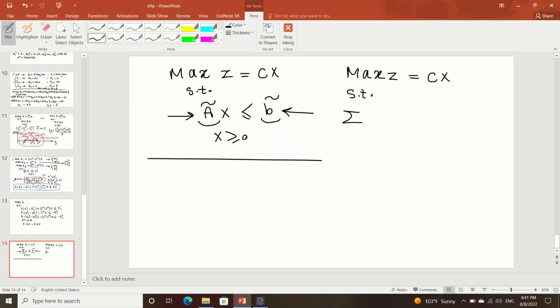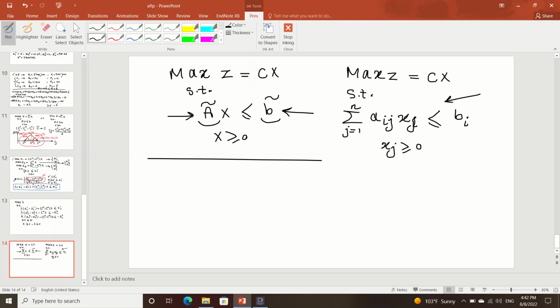For example, you must envisage this model: maximize z equals cx subject to the sum of aij xj less than or equal to bi in the crisp condition, where xj are greater than 0, j from 1 to n. For each constraint, you have this inequality.